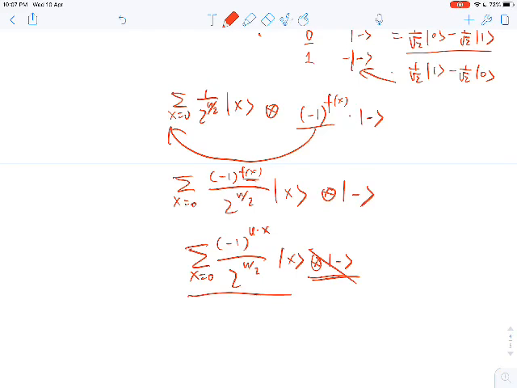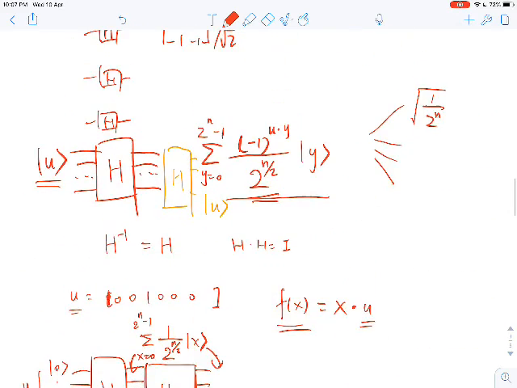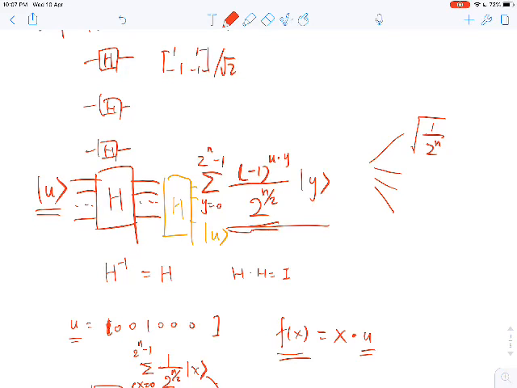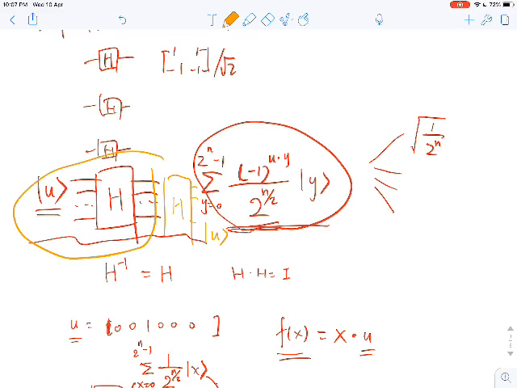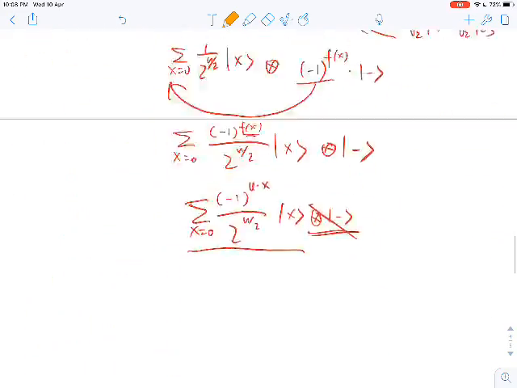Is it familiar? Looking here, this part is the Hadamard transform. It's equivalent to this part, and then we finally get the output here. How can we get u? We just use another Hadamard gate here, and we finally get u, right?